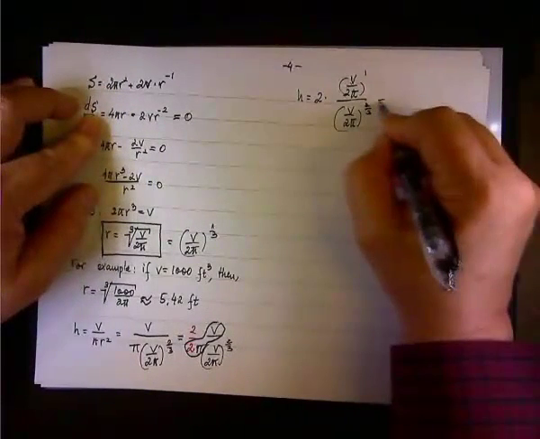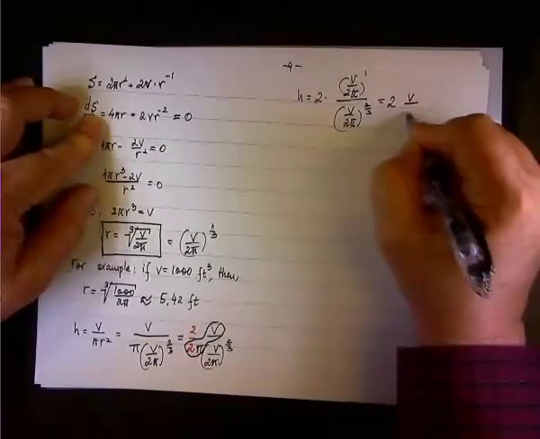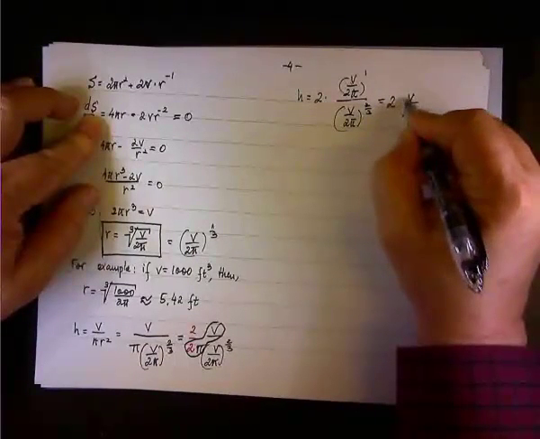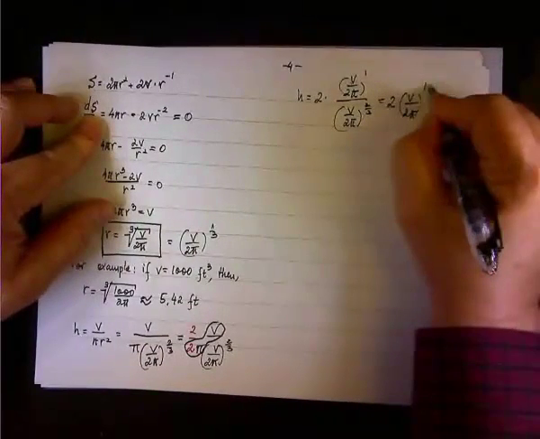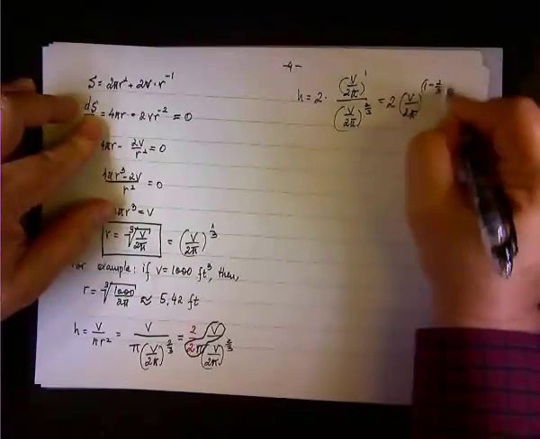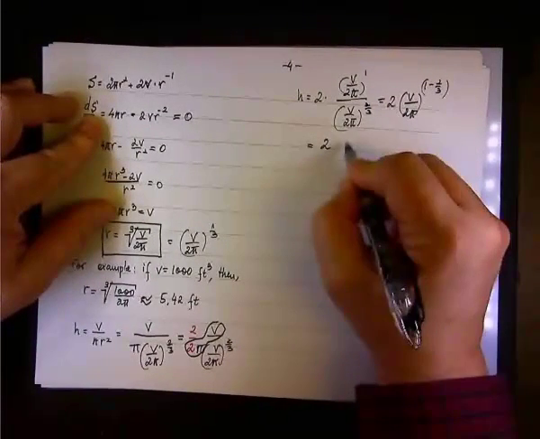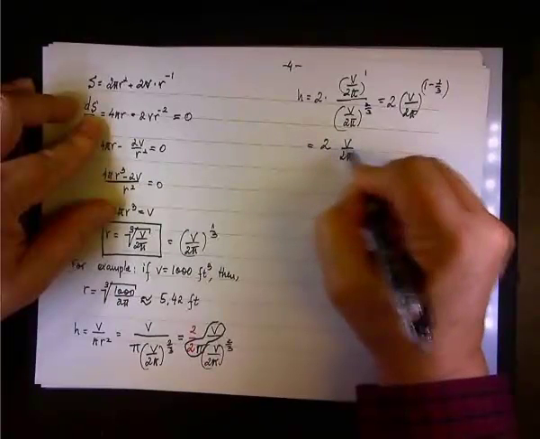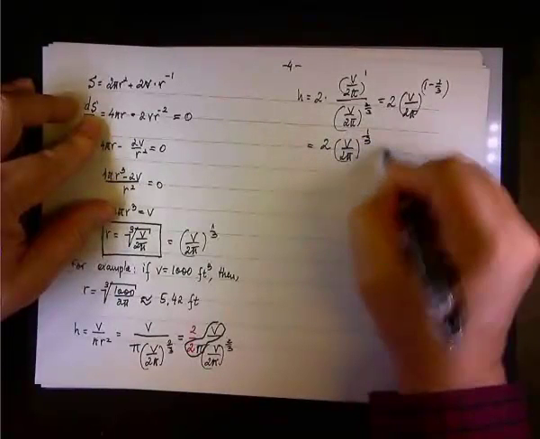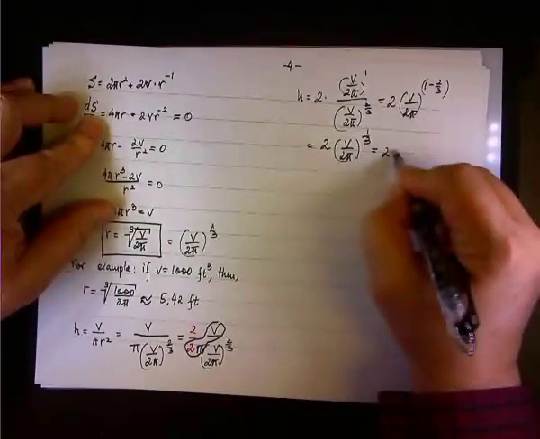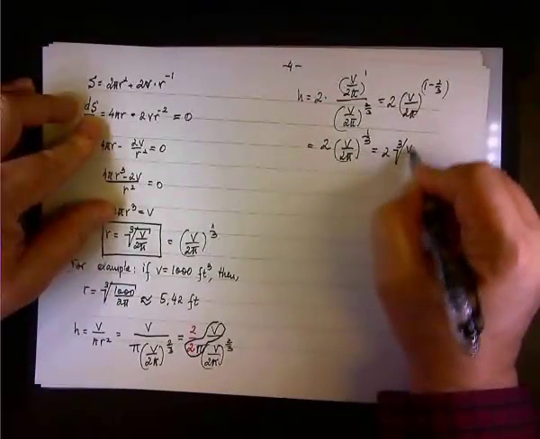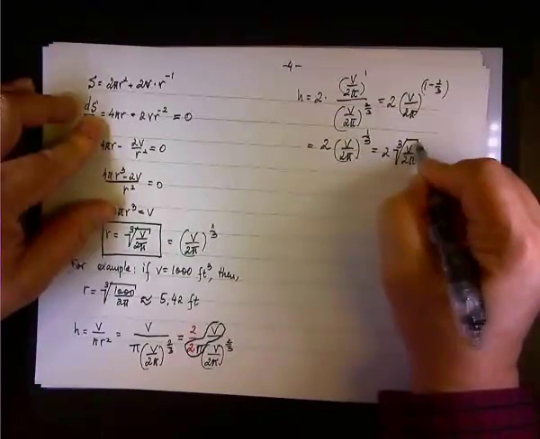What we do normally in this case, we subtract the exponents. Remember that? So it will be 1 minus 2/3, like so. And at the end, we have 2 times V over 2 pi raised to the power of 1/3, or 2 times the cube root of V over 2 pi.